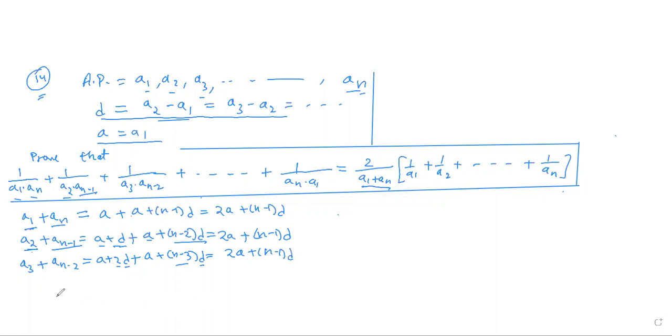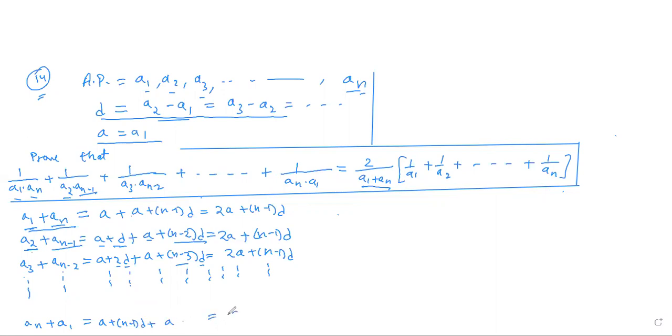So we observe that the sum of the first term and the last term equals the sum of the second term and the second last term, which equals the sum of the third term and the third last term. And if we further write the last term and the first term, it is none other than this. An is A plus n minus 1 into D and A1 is A only.